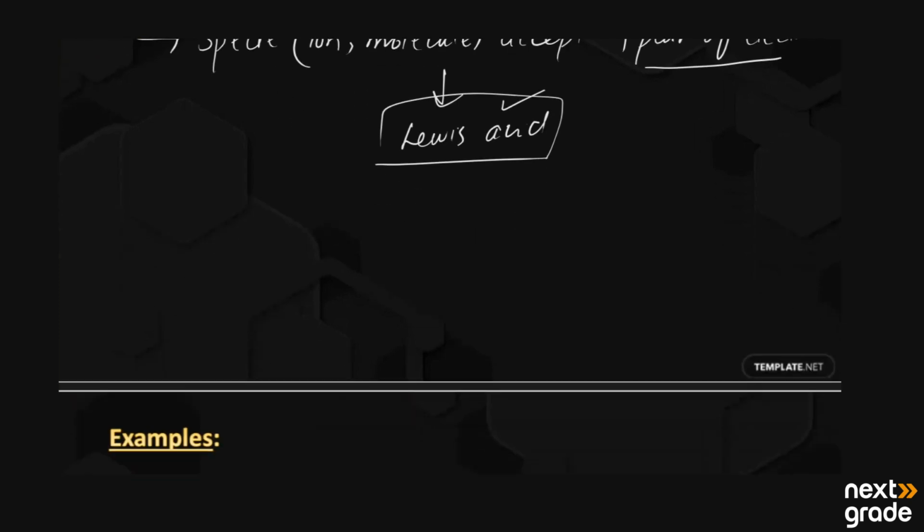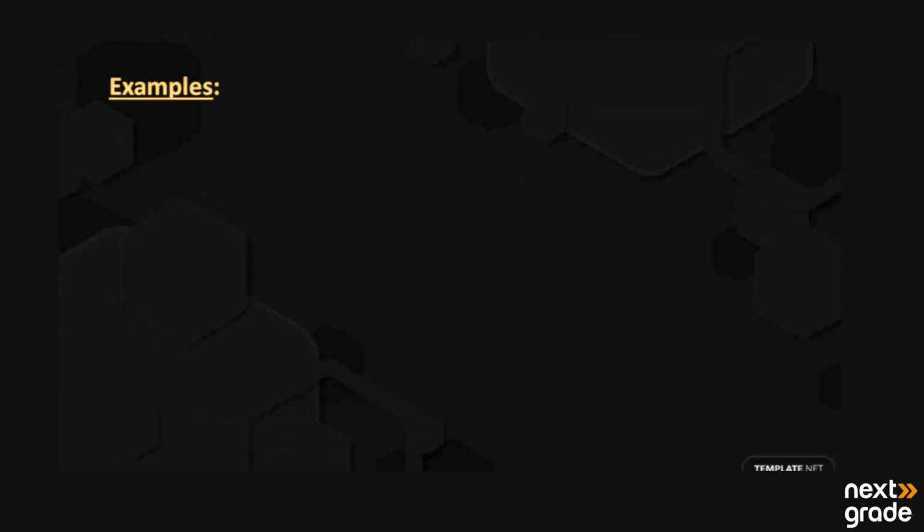Let's have an example of a Lewis acid, to see what type of substances we can call Lewis acids. The example we have is BF3, boron trifluoride, plus ammonia NH3, where nitrogen has a lone pair. What does lone pair mean? A pair of electrons that does not participate in the chemical reaction, or non-bonded electrons.